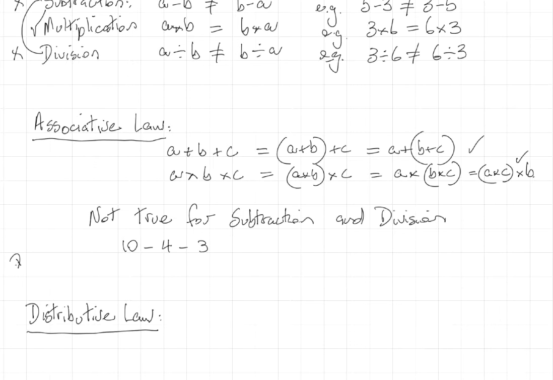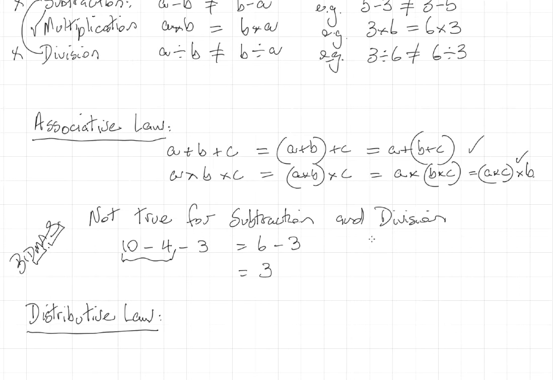From your BODMAS, there are no brackets, no indices, no division or multiplication, but we've got addition and subtraction. We work from left to right. If you took 3 from 4 and got 1, and then took the 1 away from 10, you'd get an answer of 9, which is not the correct answer. We work addition and subtraction left to right, so 10 minus 4 is 6, and then we take the 3 last, and we get an answer of 3.